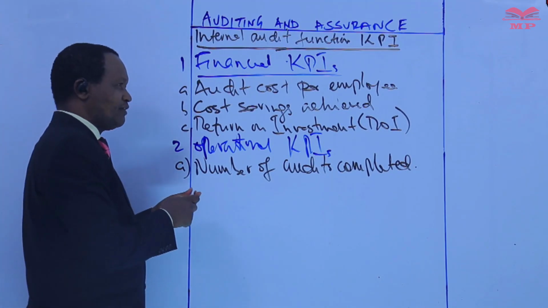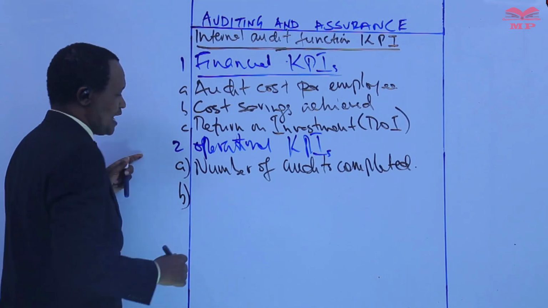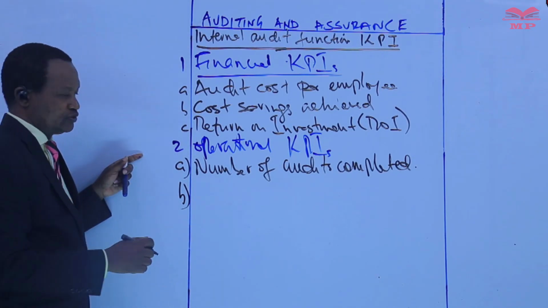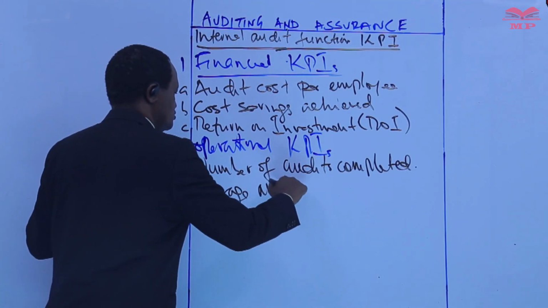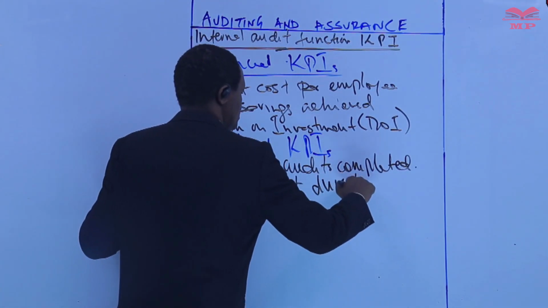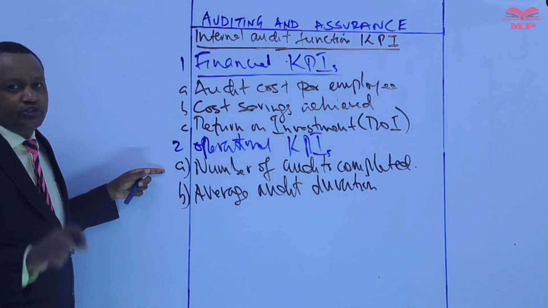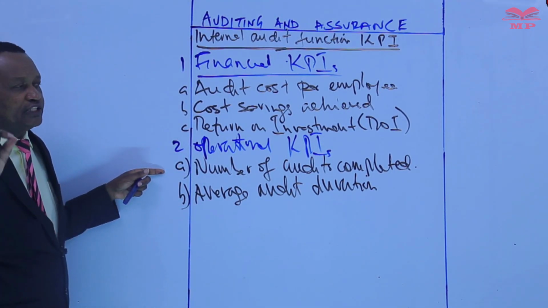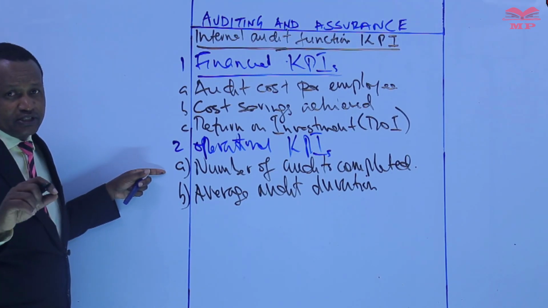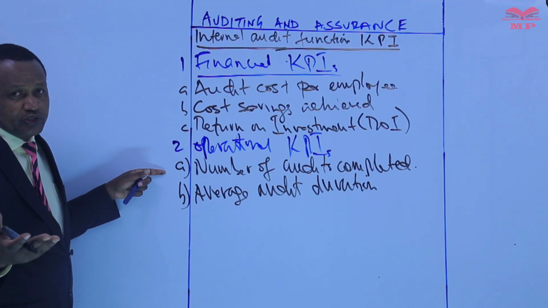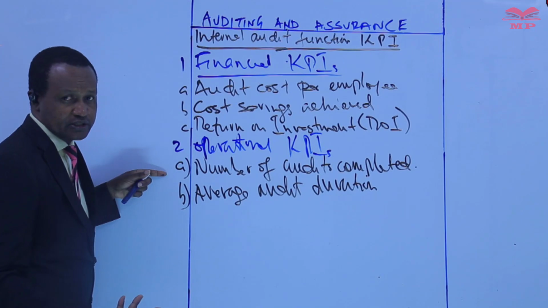There is also the average audit duration. Average audit duration is another operational key performance indicator, which measures the efficiency of the audit process.